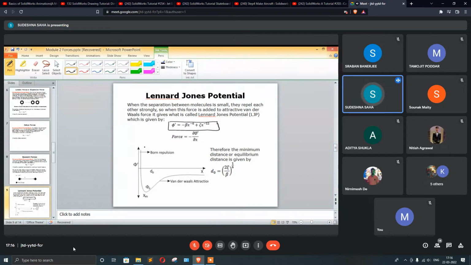If you look at the potential curve, there is one attractive force, and the repulsive one is xi into x to the power minus 12.